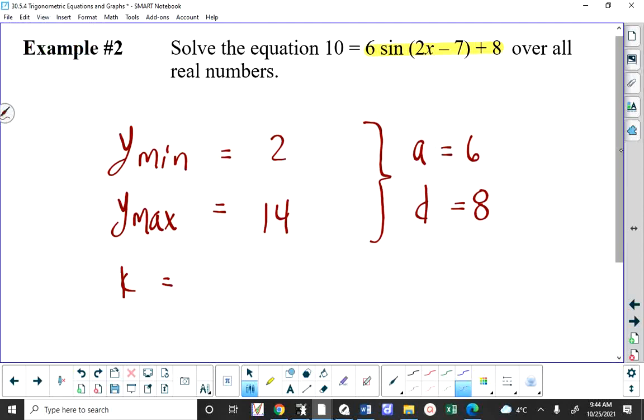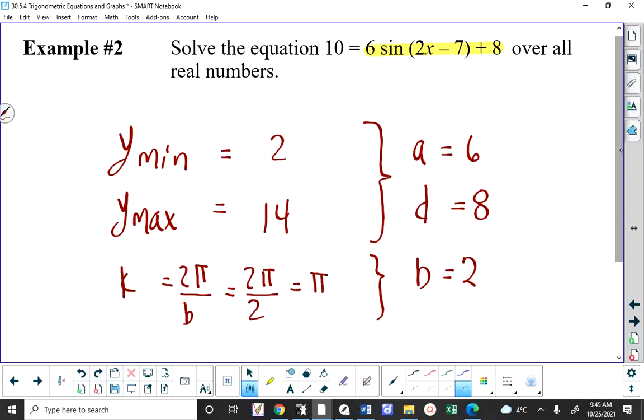And you have to go back to the previous unit where we learned the relationship between the period and the value of b. And the value of b in that function is 2. Well, it's going to be pi, isn't it? Because the period is 2 pi over b, which will be 2 pi over 2, which is pi.